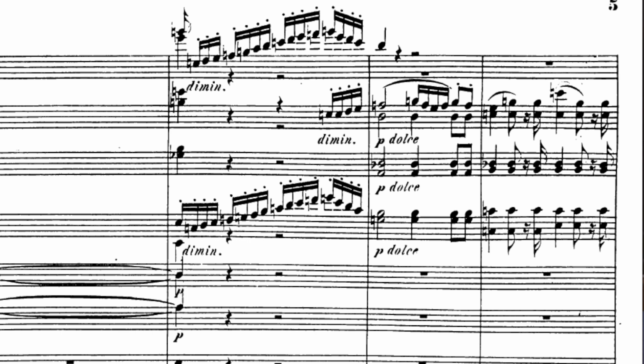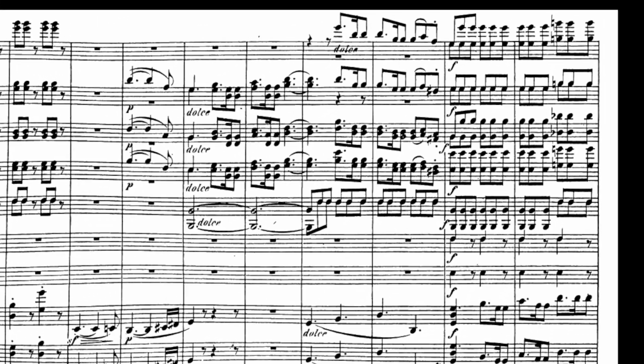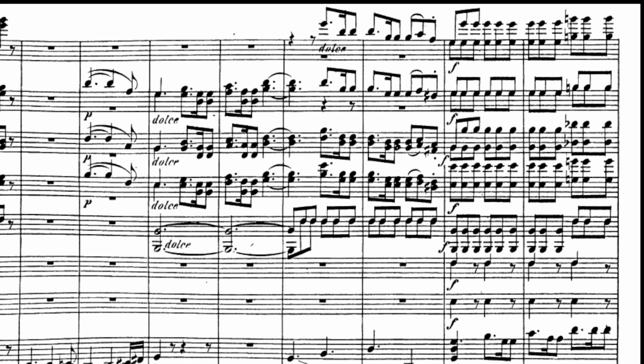Remember earlier in that first part where we saw the word dolce? And we talked a little bit about what it meant and what we tell the orchestra. Here's another one. It's before letter D. 1, 2, 3, 4 bars. And it's in the woodwinds and in the horns.